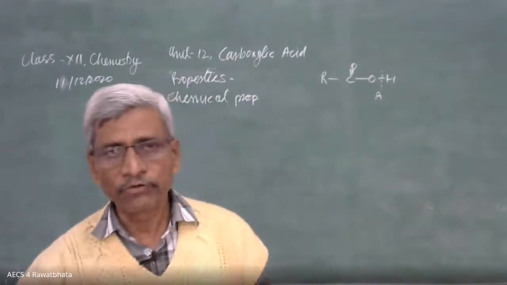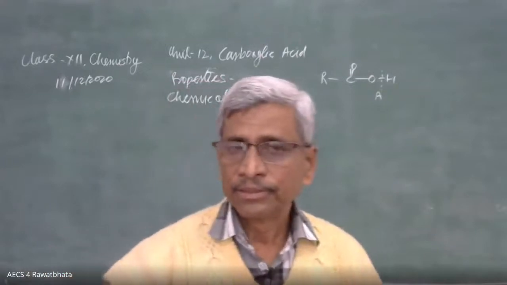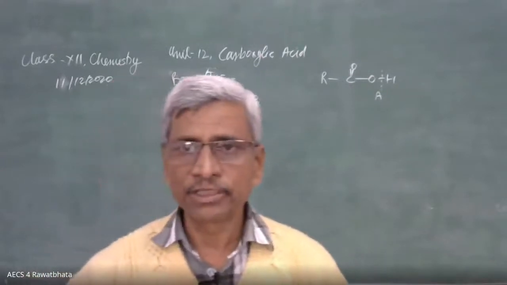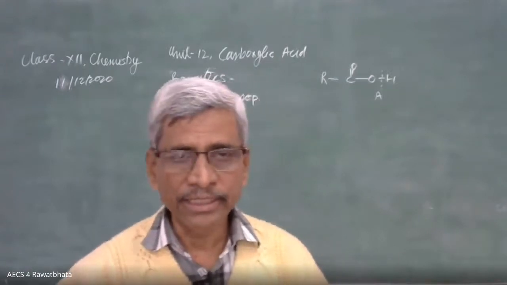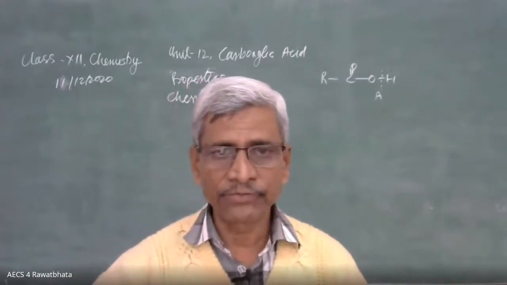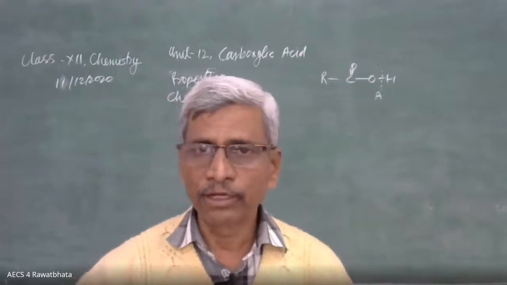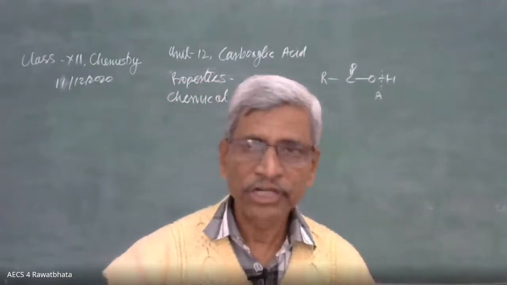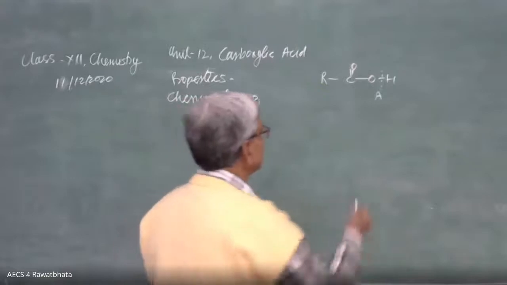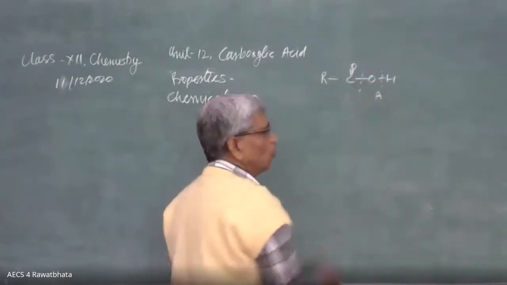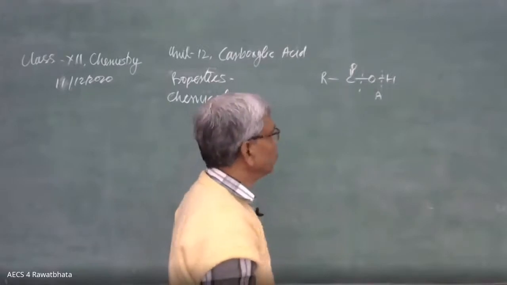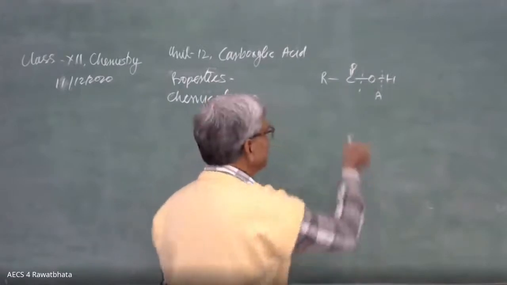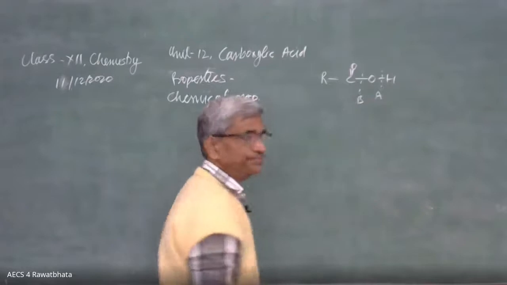The reactions involved in this type are those where acidic character is verified: reactions with metals, reactions with bases, reactions with carbonates and bicarbonates, like that. This is one type of reaction. In some reactions, the OH participates, that is, reactions involving the OH of the carboxylic group, which is the B type of reaction.